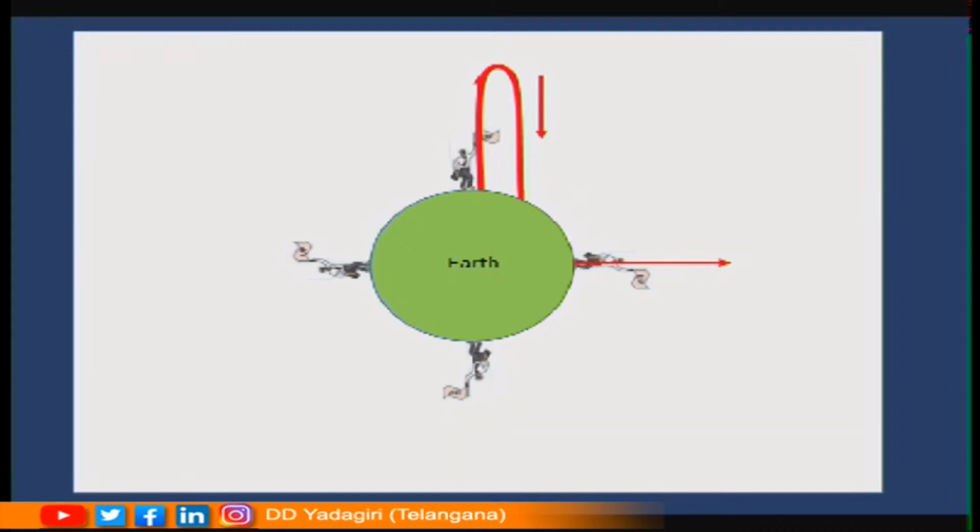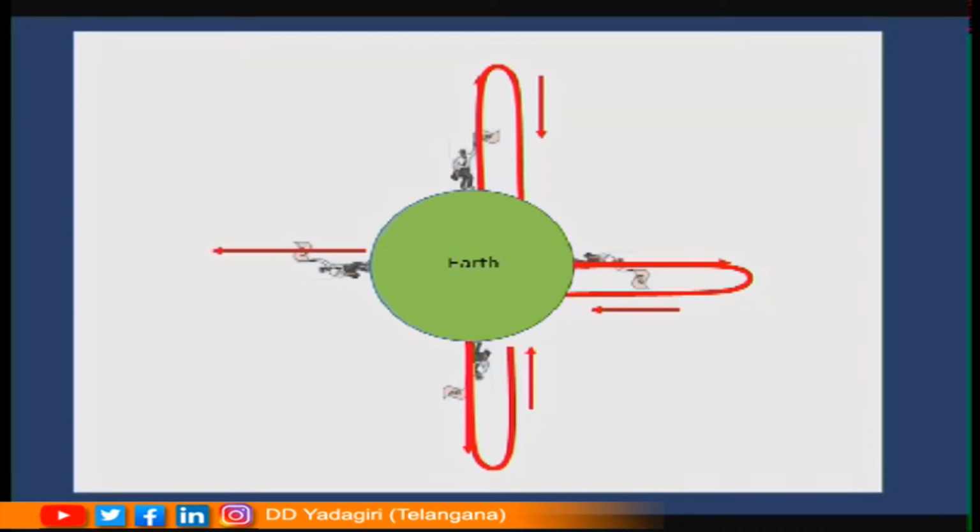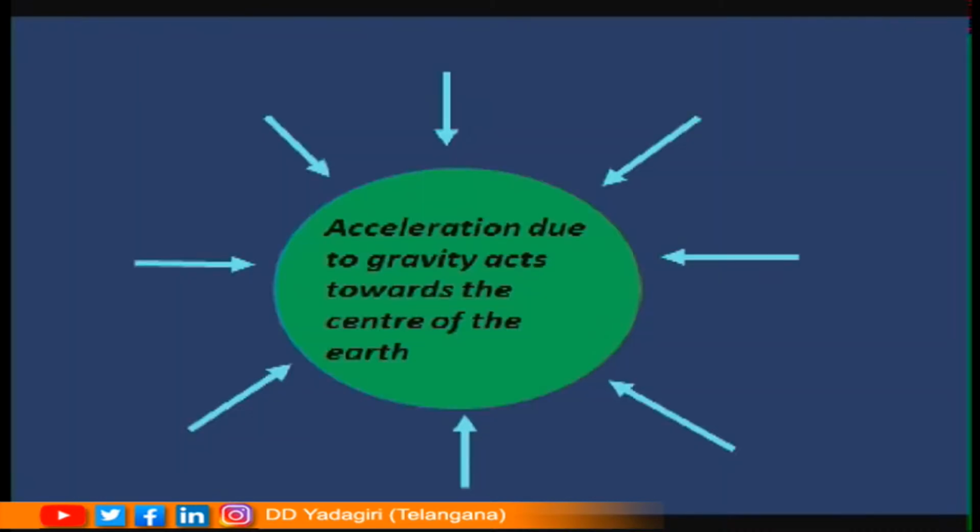For him, that is up, which is given by the arrow, and the ball returns to the ground. Similarly, another person throws an object upwards, and for him the object returns in this direction. This person will throw the object upwards and the ball will return in this direction. So, at any point on the globe, the acceleration is always directed towards the center of the earth.